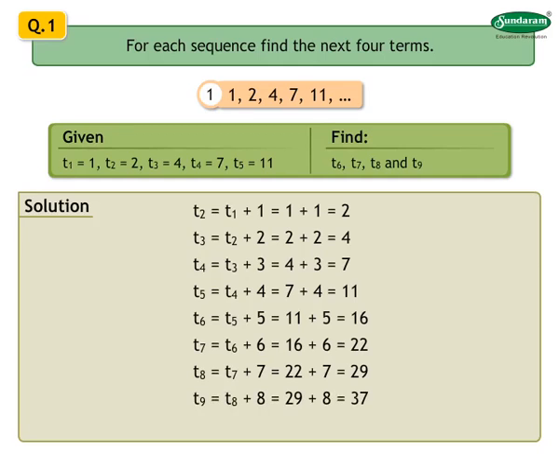T9 is equal to T8 plus 8 is equal to 29 plus 8 is equal to 37. Here, each term is added by increasing sequence of natural numbers. The next four terms are 16, 22, 29, 37.